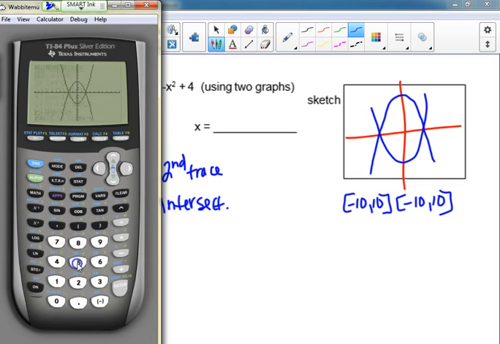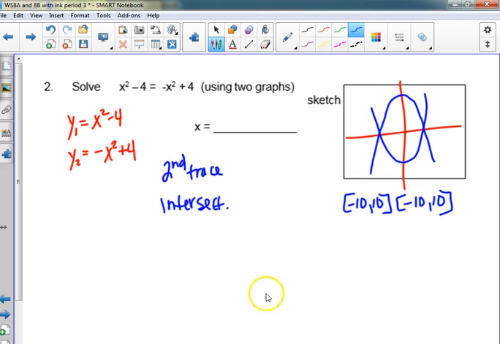So the intersection points, one of them is at positive 2. For my guess, to find the other one, I have to scroll over closer to that one. And I get negative 2.